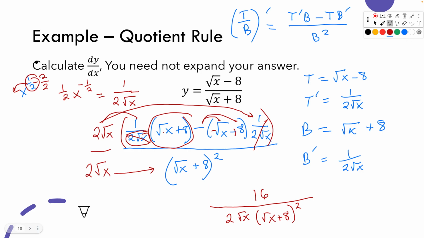Distributing this, I get minus square root of x. Distribute it to there, I get a plus 8. These two cancel, they become 0. 8 plus 8, 16. So the top part becomes nice. This part is just perfectly fine. Even if we were to do algebra on it, there's not much more that can be done. So this is our final answer.